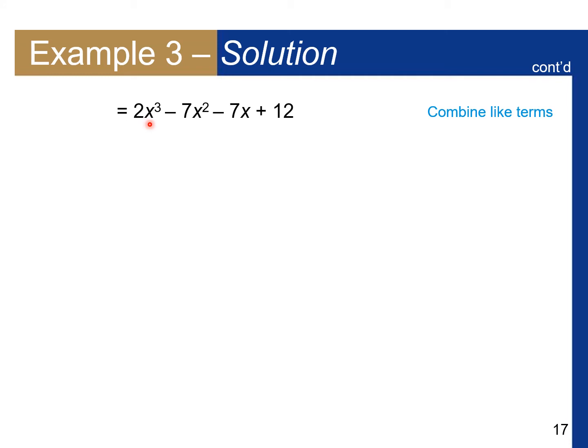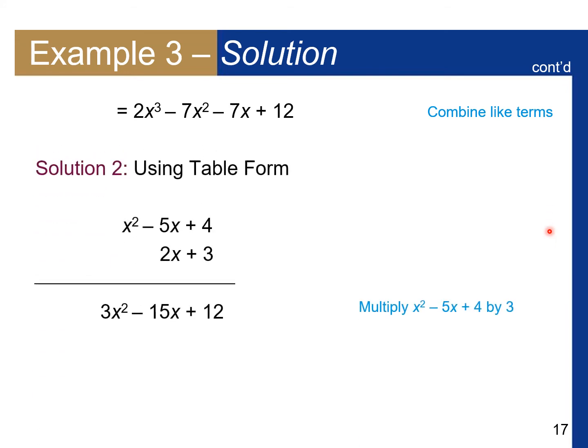Okay, so when I add like terms, I get 2x cubed minus 7x squared minus 7x plus 12. All right, now you can do this in table form too. If you put the trinomial on top and the binomial on the bottom, you can multiply like you would normally multiply numbers.